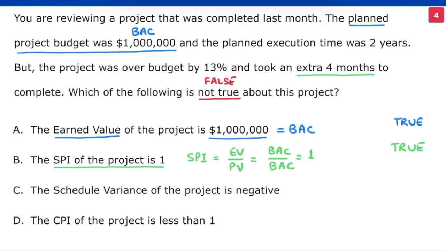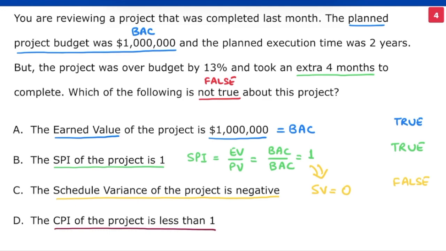Option C says schedule variance is negative. SPI is 1. So, schedule variance will be 0, not negative. Option C is false. Let's look at option D also. CPI of the project is less than 1.